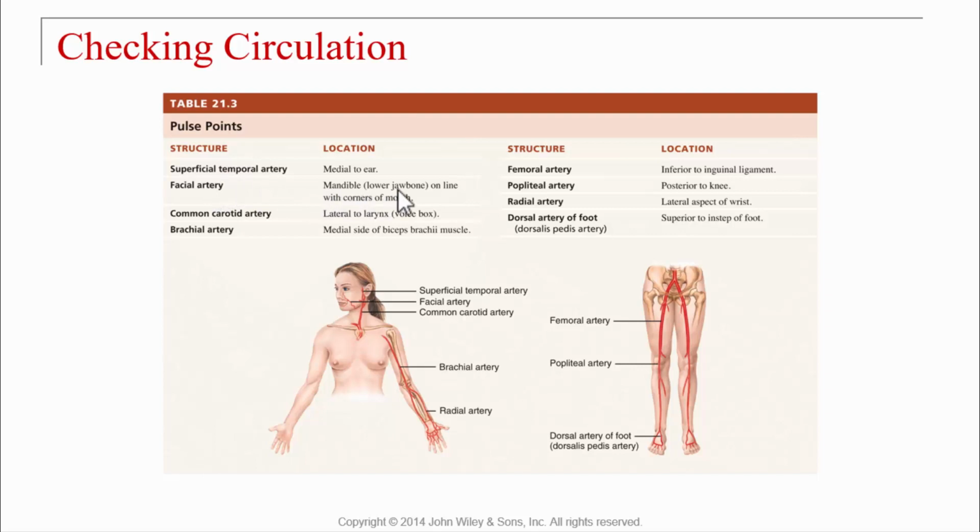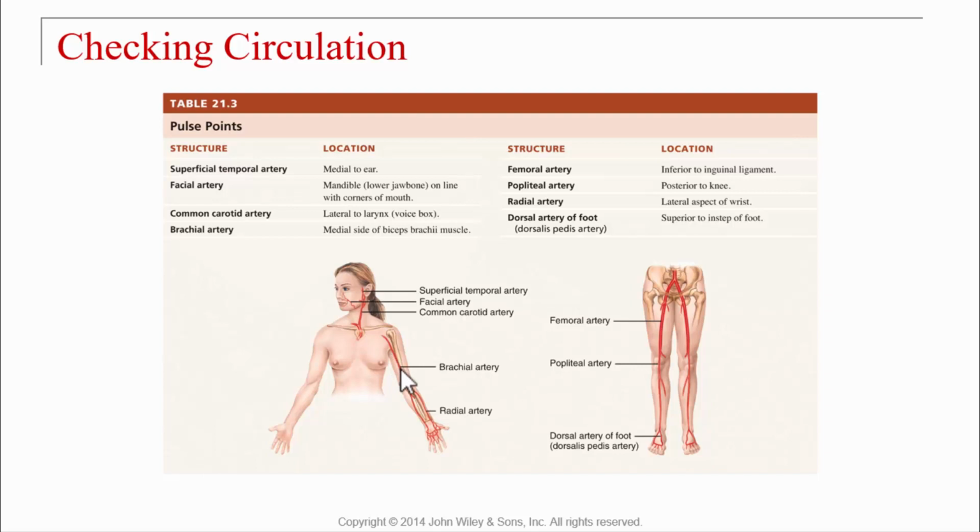So we have the mandible, lower jawbone, in line with the corners of the mouth. So right there's the facial artery. The common carotid, lateral to the larynx. So here's the carotid. The brachial artery, right here, medial to the side of the biceps brachii.